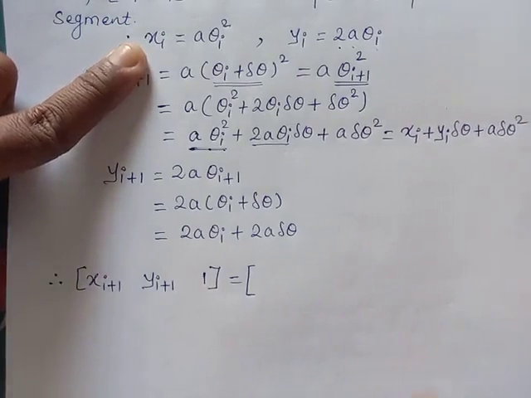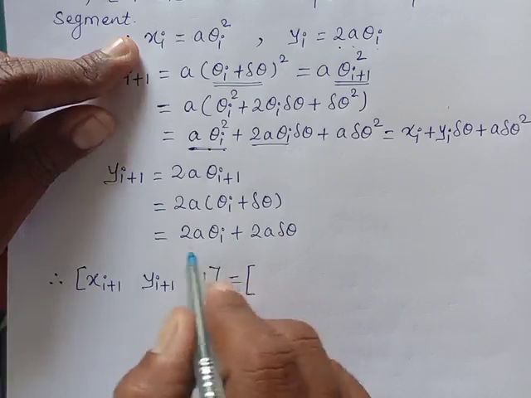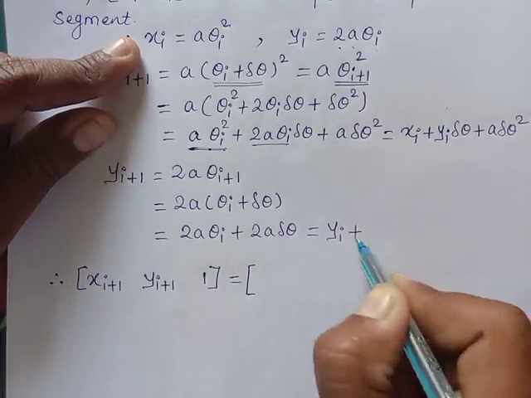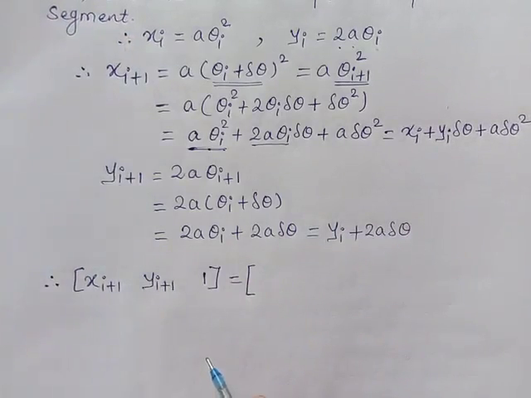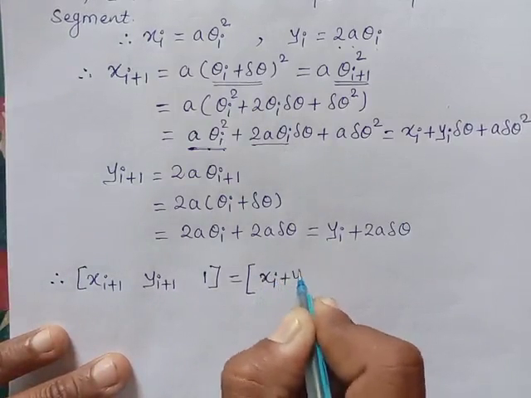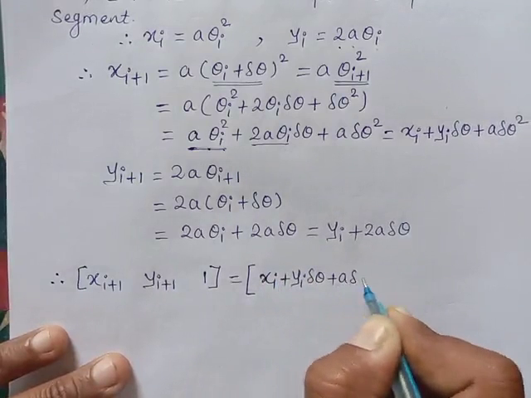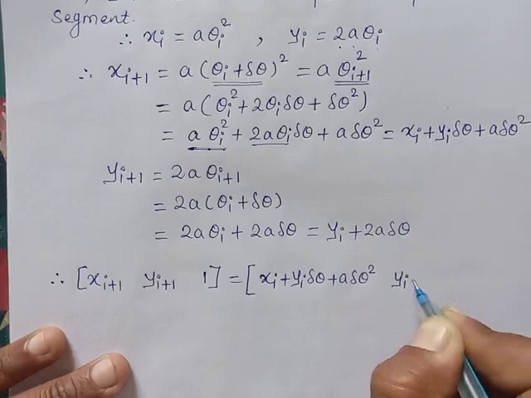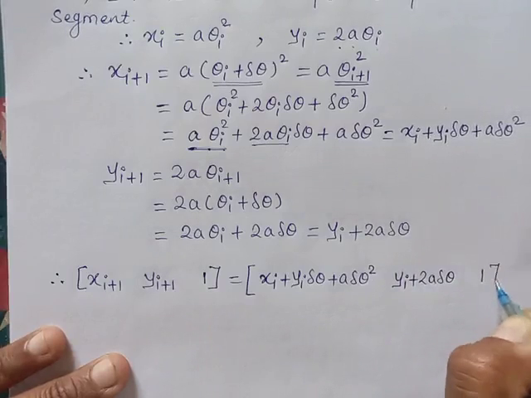And here this is nothing but yi plus 2a delta theta. So here we will get xi plus yi delta theta plus a delta theta square, yi plus 2a delta theta and 1.